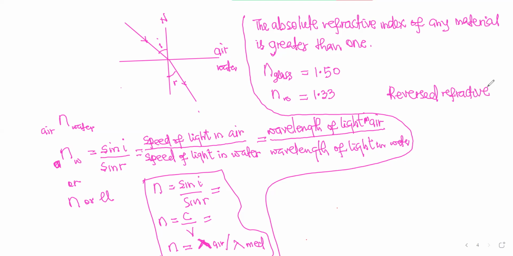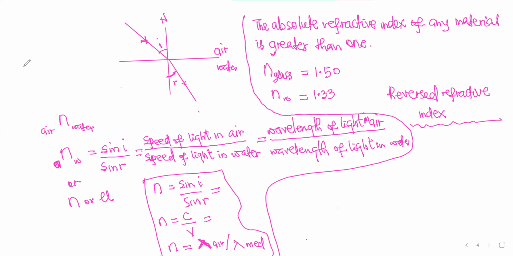Now note that light obeys the principle of reversibility, or the reversibility rule: if you choose I angle of incidence, it will give you R angle of refraction, and when you reverse the direction and give it R angle of incidence, it must give you I angle of refraction as well.